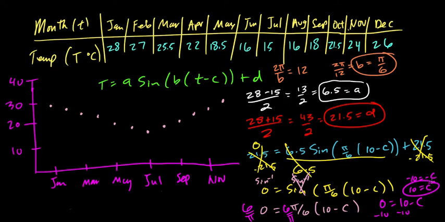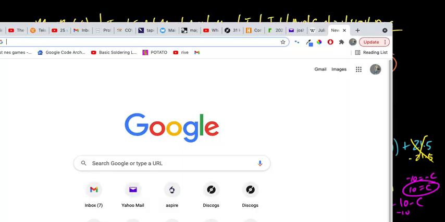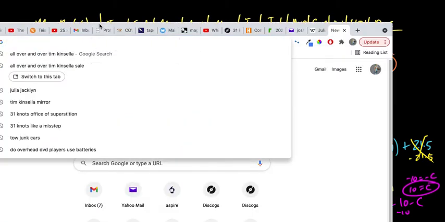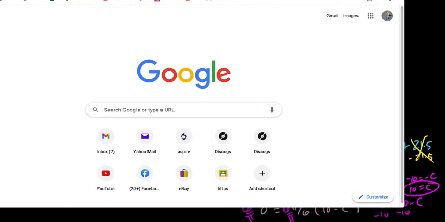Alright, now part C, it says check your answer using technology. So essentially we're just going to plug this in and then graph it and make sure that it looks like what it's supposed to. So let's just go to Desmos.